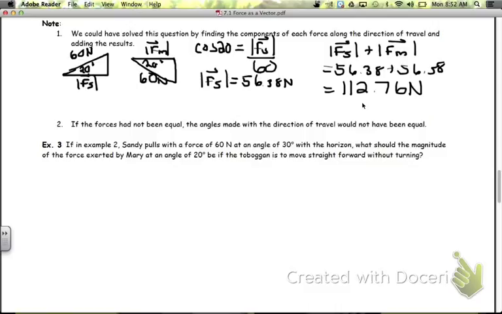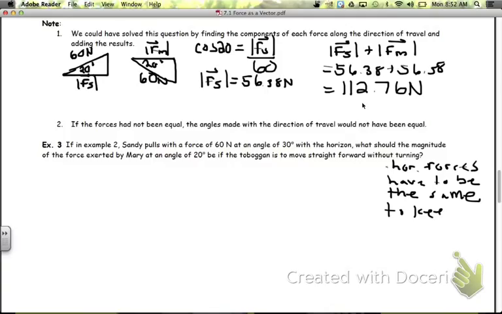One thing that we do know, just a little note here: horizontal forces have to be the same to keep moving forward. That's really important to remember.